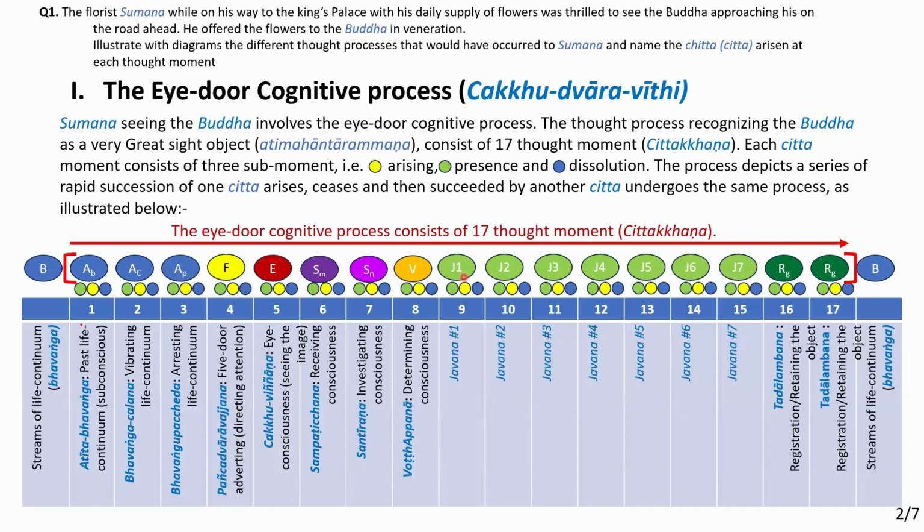Then there is a succession of 7 javanas. Since the object is very great, 2 registration chittas appear before it falls back to the passive bhavanga.